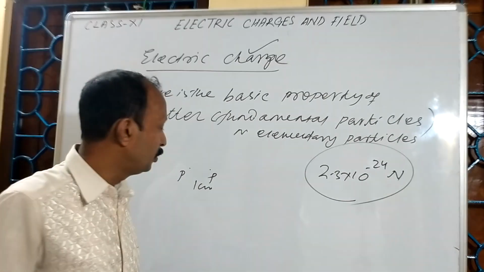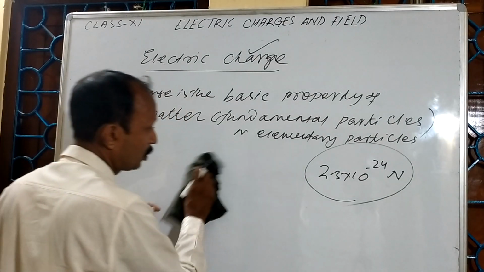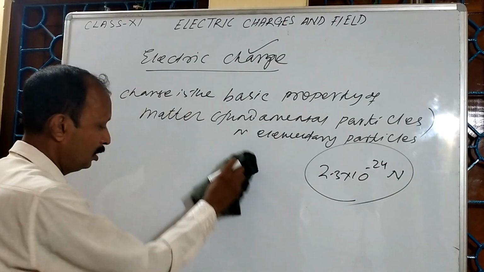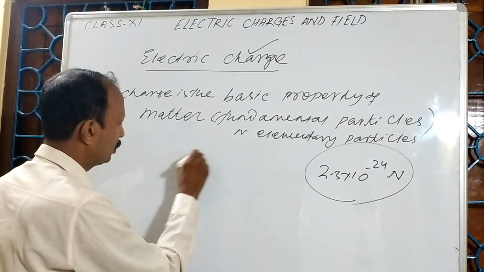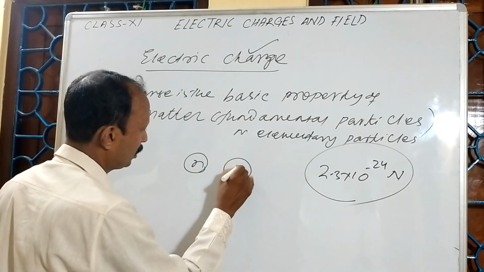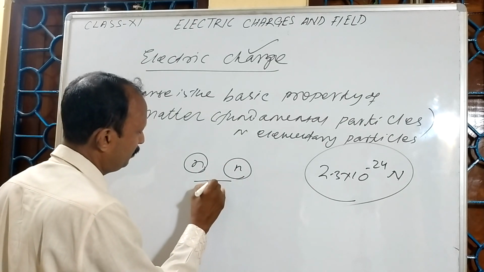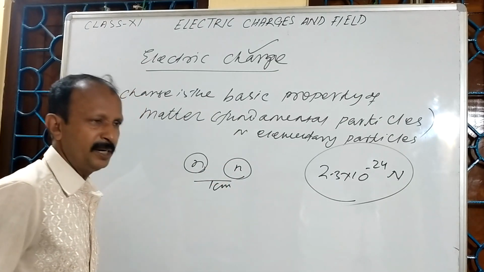What about the neutron? Suppose this is a neutron, this is another neutron. The distance between them is 1 centimeter.